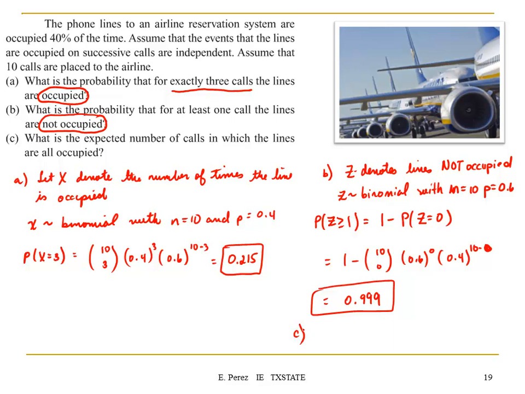Okay, so we're looking at the expected value for a binomial. So this equals n times p. This is 10 times 0.4. Expected number of calls is the expected value. In this case, we are looking at the number of times that the lines are occupied, so you need to use the probability for that random variable, 0.4. n times that probability, that's your expected value.